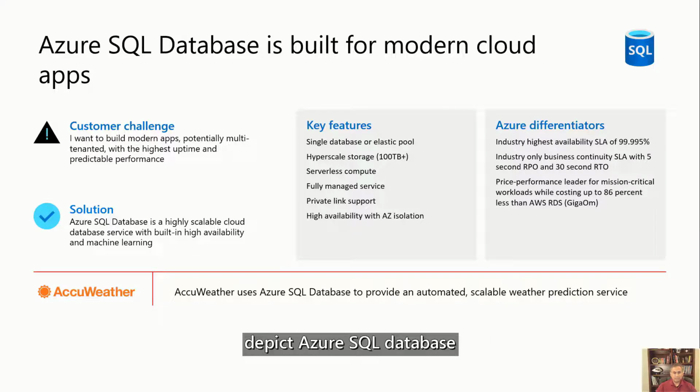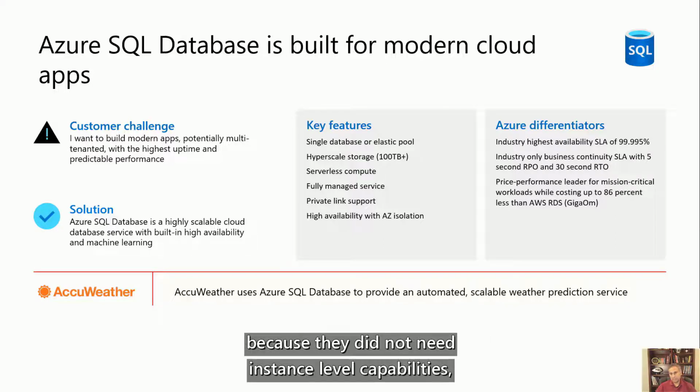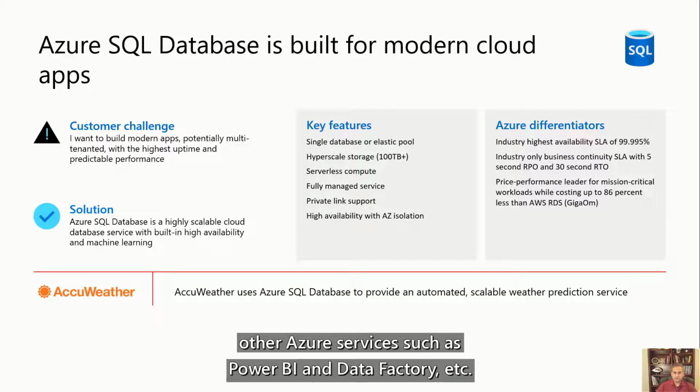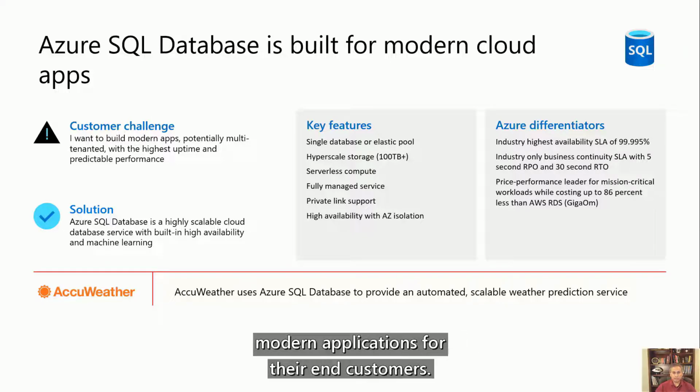They picked Azure SQL database because they did not need instance level capabilities, but they needed a way to elastically scale up and scale down their databases, and also integrate with other Azure services such as Power BI and Data Factory, etc. So they can really provide modern applications for their end customers.